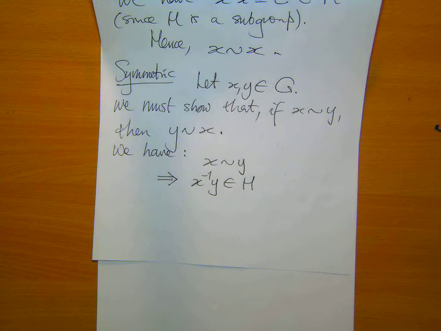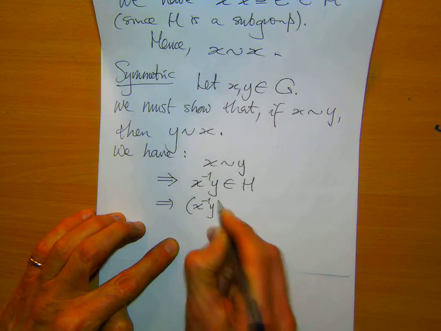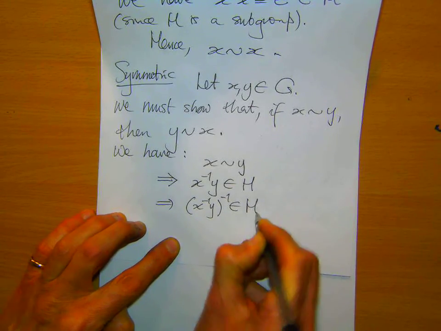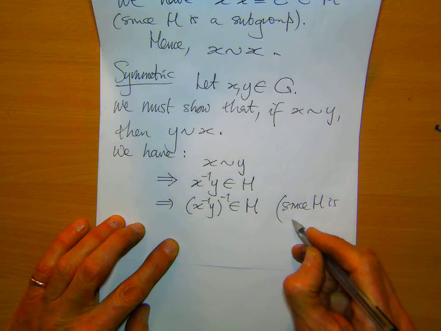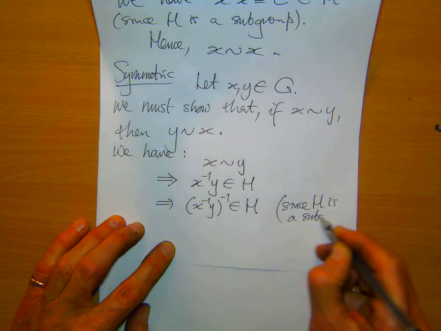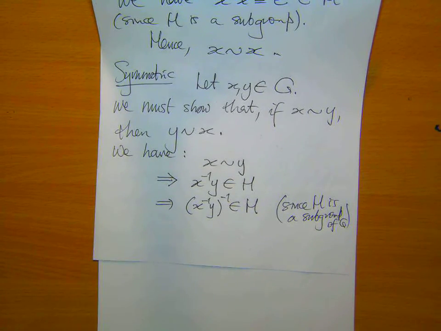Because H is a subgroup. So that's another bit of being a subgroup which I'm using. So it's crucial that H is a subgroup, not just any old subset. So if an element is in H, then so is its inverse.